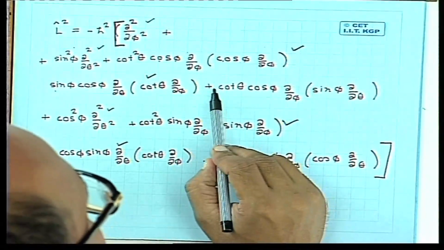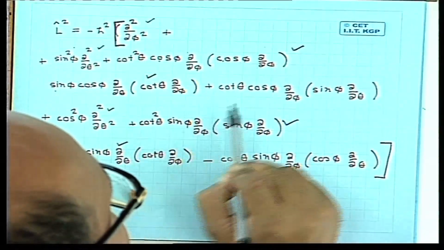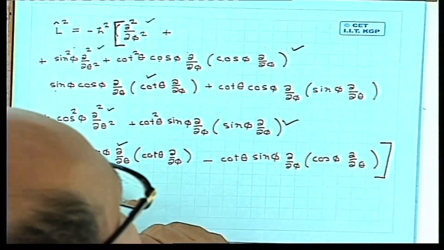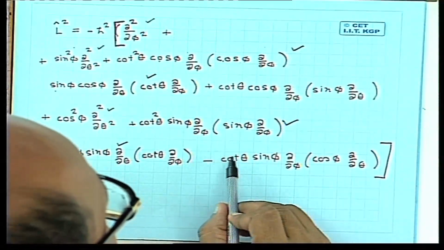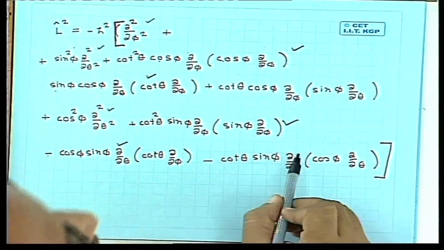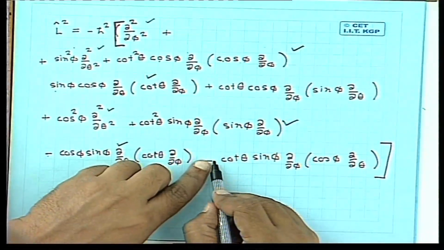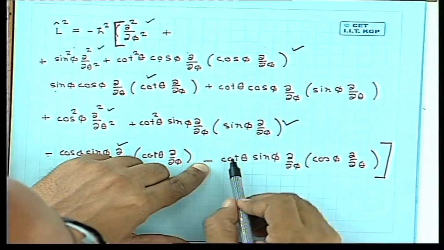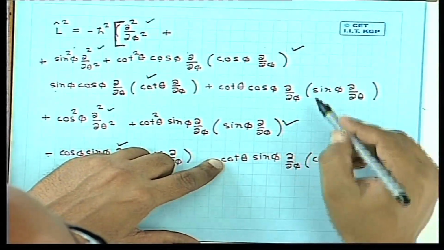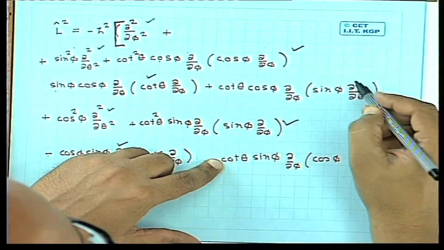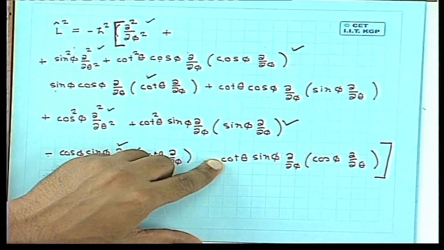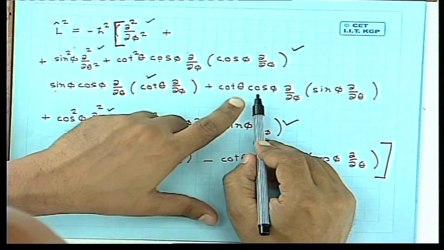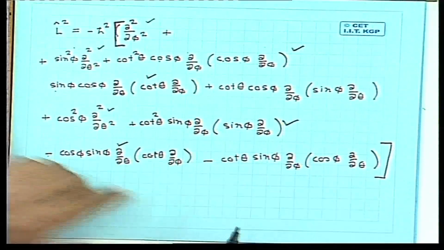So we have cot theta cos square phi, and here we have cot theta sine square phi. We get another plus sign, overall plus sign. So what we have is cot theta into del by del theta, because cos square phi and sine square phi give us 1.